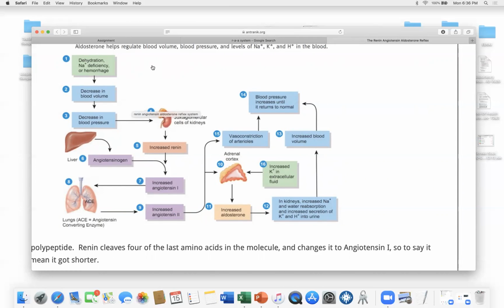Now, how do the kidneys control blood pressure? Well, something's got to spark it, right? So what happens is, how does your body know you have a decrease in blood pressure? Well, a decrease in blood pressure is the same thing as a decrease in volume. It's just like, in summertime, you're messing around with a hose in your backyard.